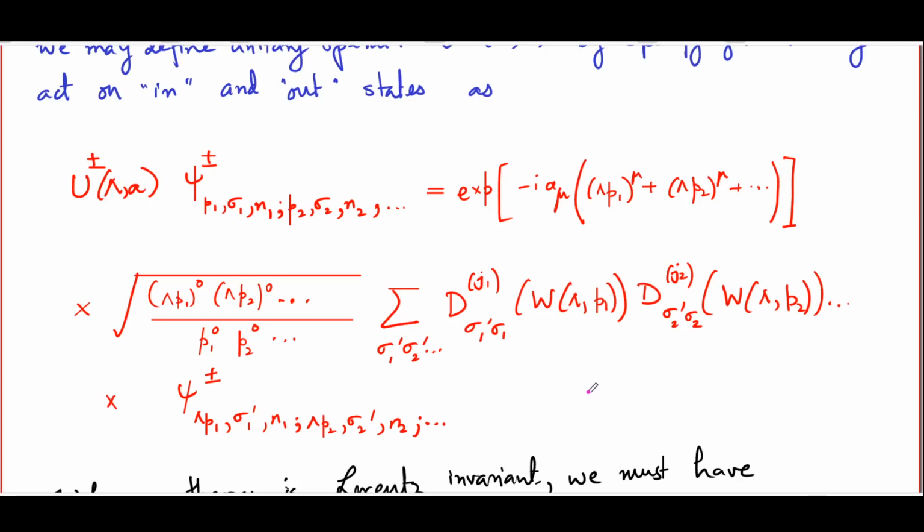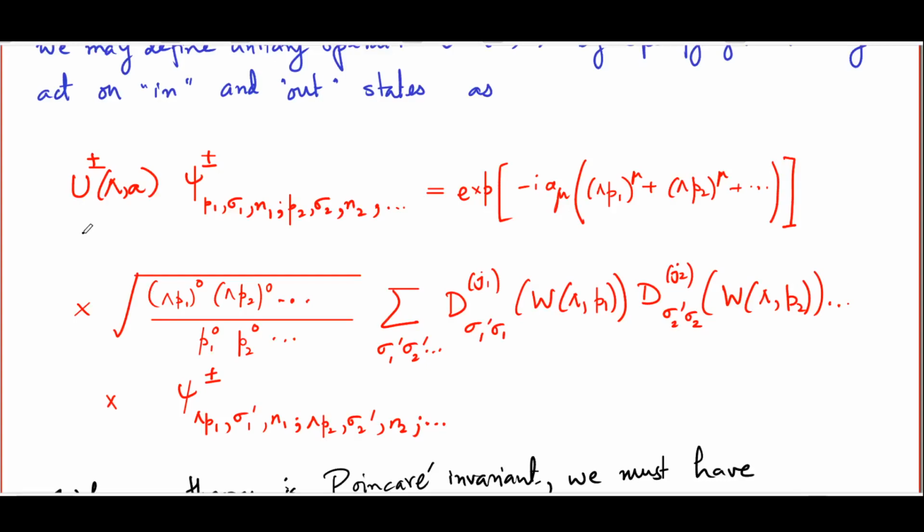The important point is U plus acting on Ψ plus will produce a transformation law like this. U minus acting on Ψ minus will also produce a very similar, in fact identical looking transformation rule, because the structure of this transformation rule is essentially guaranteed by the algebra of the Poincare group itself.